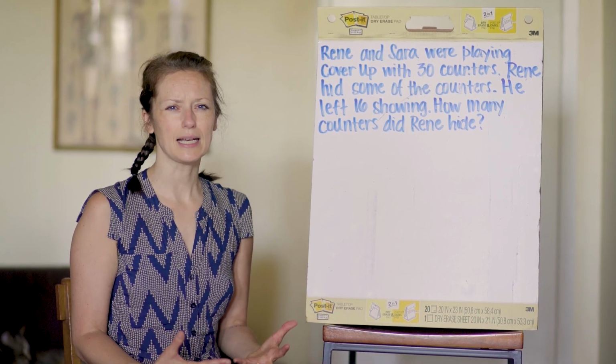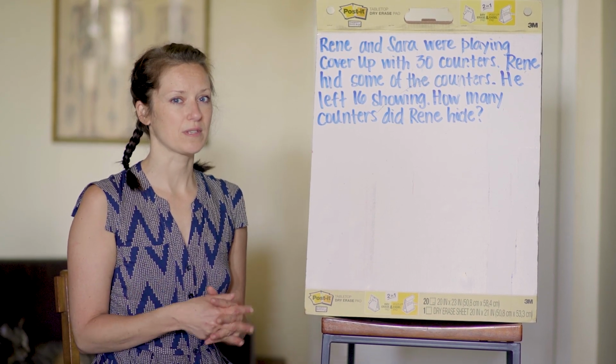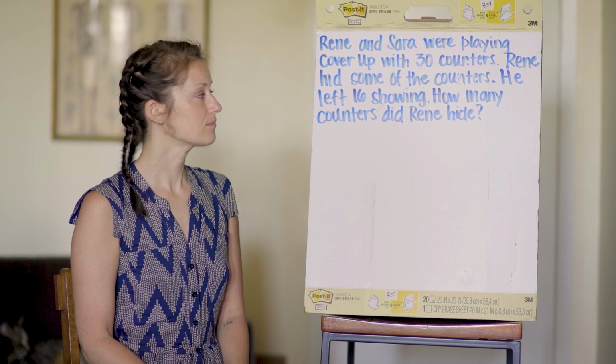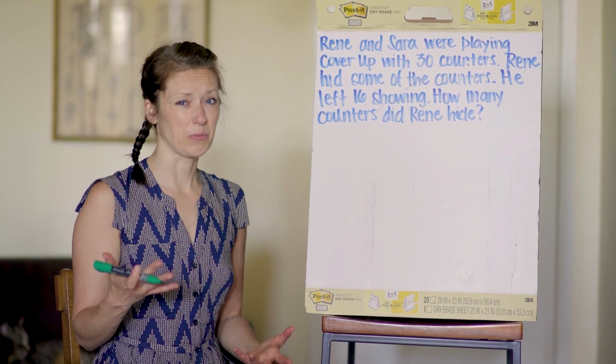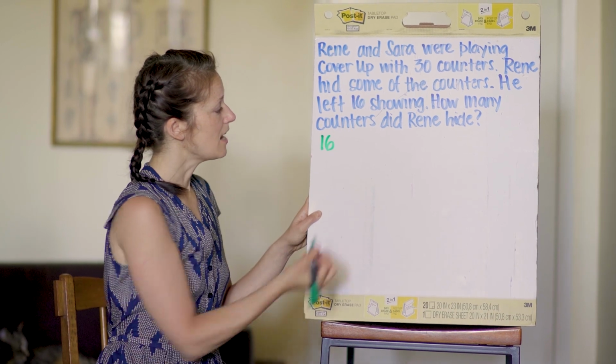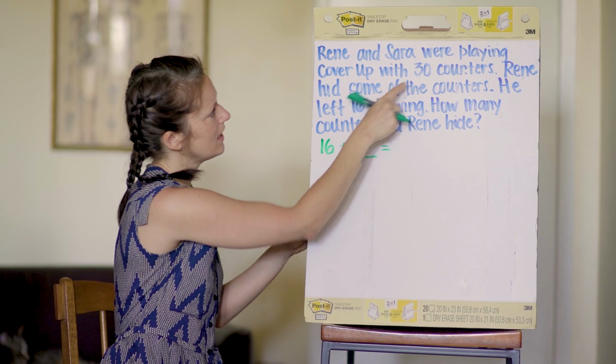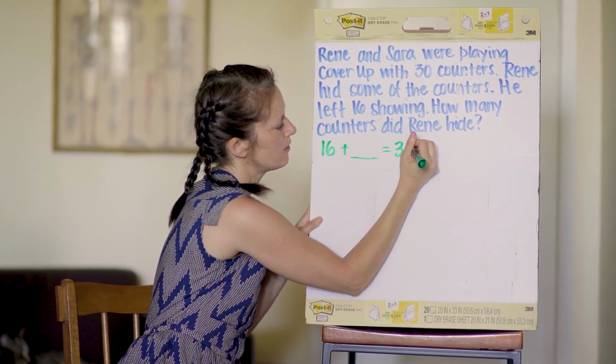So first we need to think about what equations we could write in order to represent this problem. The first one we could say, well, there are 16 left, and I know that 16 plus something is going to get me to the 30 counters that they began with.